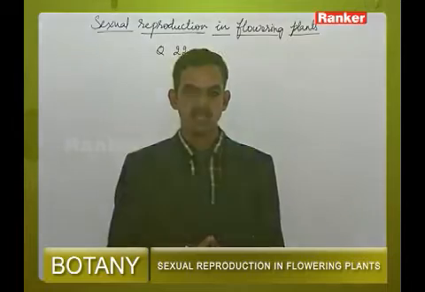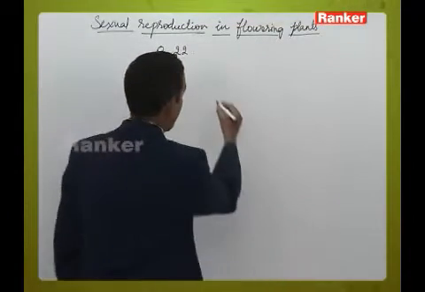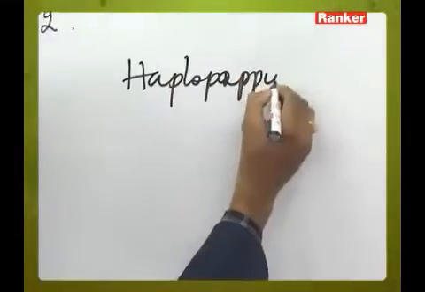Question number 22. The number of chromosomes involved in double fertilization in Haplopappus gracilis is: options 1, 20; 2, 6; 3, 10; and 4, 8. Okay, let's come to the question here. Haplopappus gracilis.